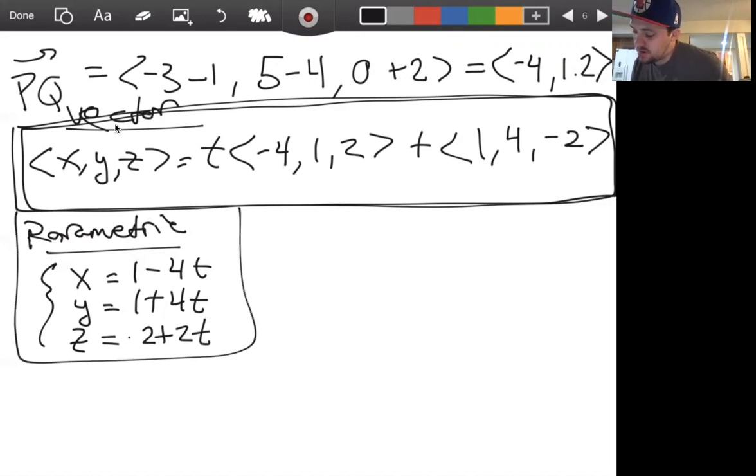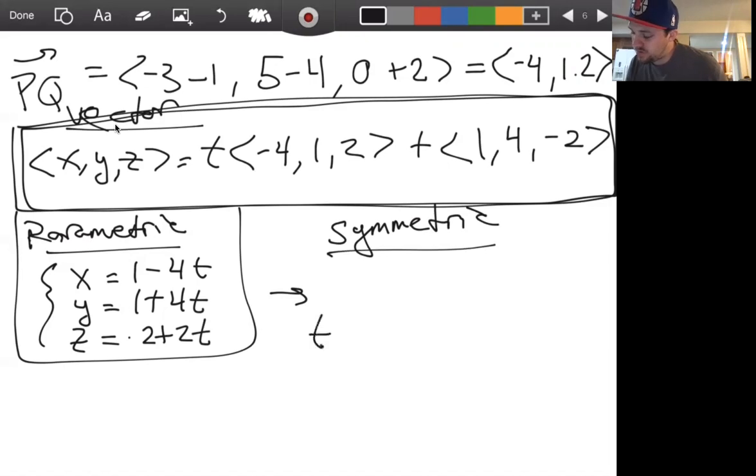And then the symmetric equation is given by, well, you solve for t. When you solve for t, in the first equation you get x minus 1 over -4, sorry. For y, you get y minus 1 over 4.